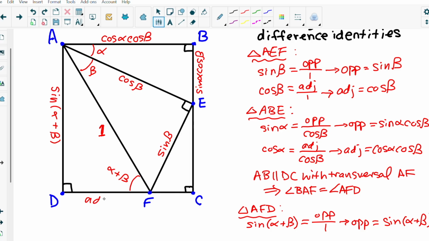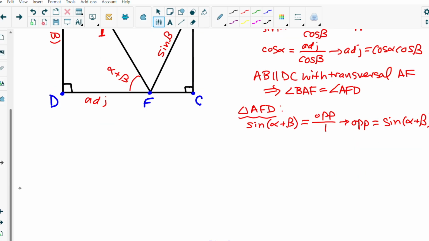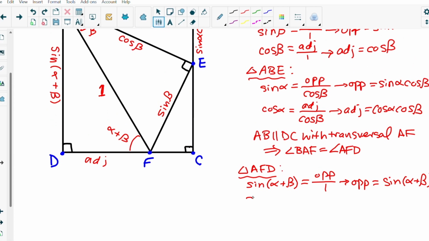Now let's do the adjacent side. I have cosine of alpha plus beta. That equals the adjacent side divided by the hypotenuse. So the adjacent side divided by the hypotenuse, that's still 1. And that gives me the adjacent side equals cosine of alpha plus beta.